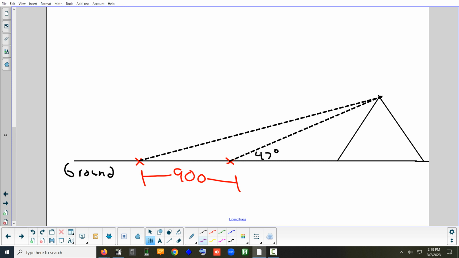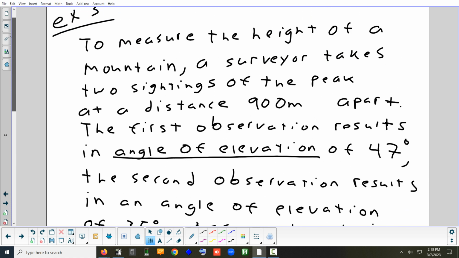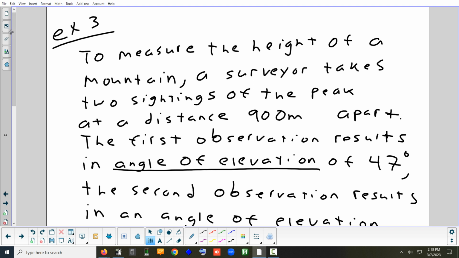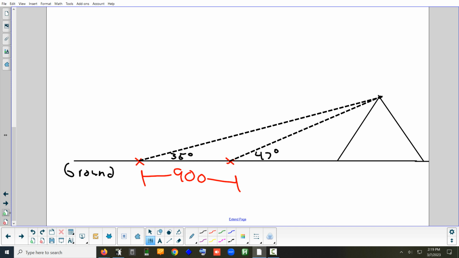And what about the second time they pointed at the mountain? 35? Okay, that's that. So the goal is to measure, I mean, they didn't explicitly ask it, but they said it right here: measure the height of the mountain. So the height of the mountain is not like if you were hiking or climbing up it.